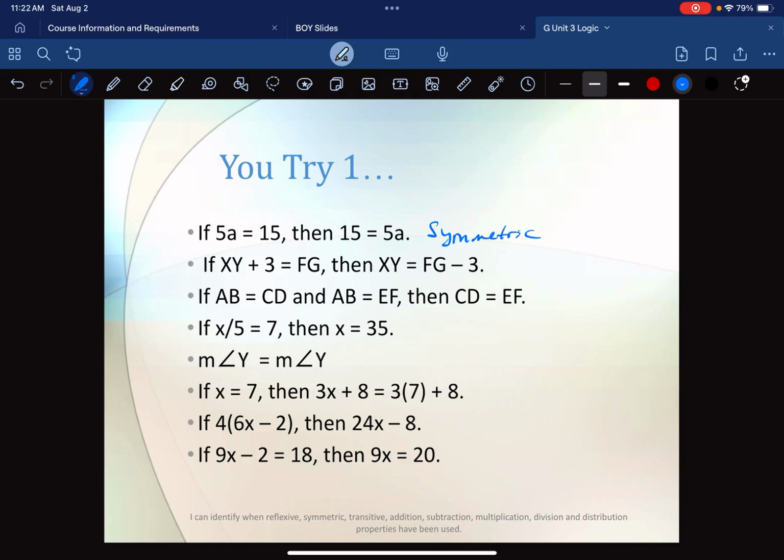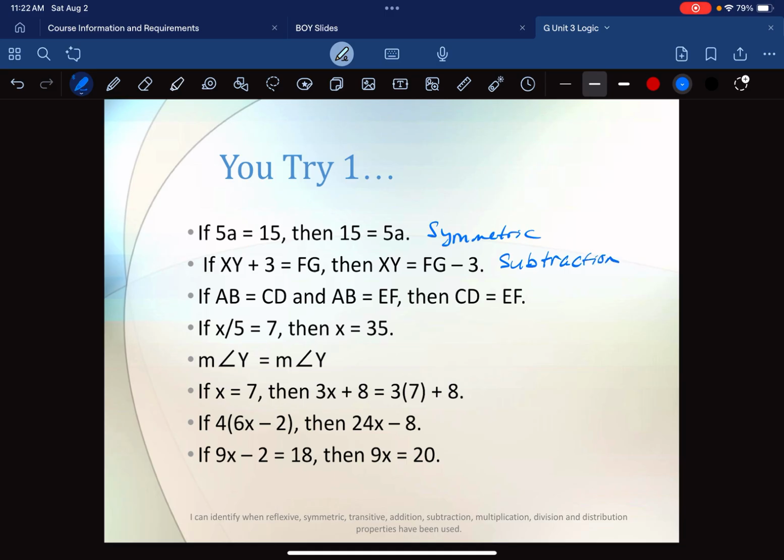If xy plus 3 equals fg, then what did they do to that equation to come up with xy equals fg minus 3? Well, the 3 switched sides. How would you move a positive 3 from one side of an equation to the other? Well, you would make it negative or minus 3. So this is subtraction.